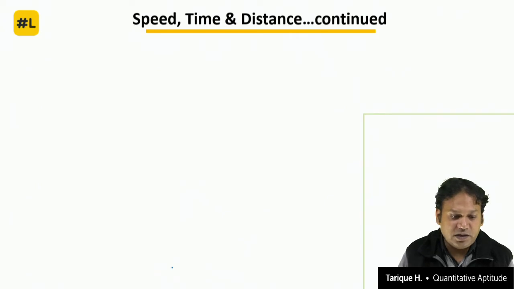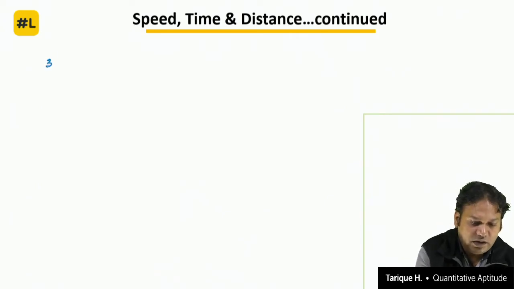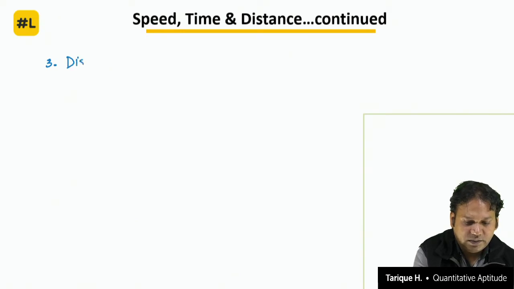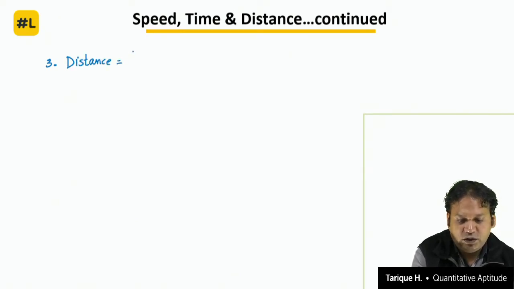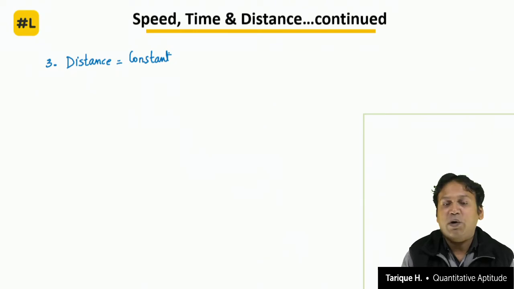Now, we will take the third situation. The third situation is when distance is constant. When distance is constant, then what happens?